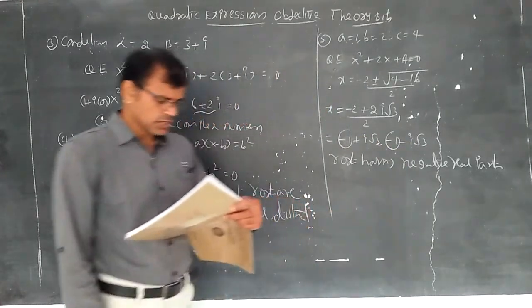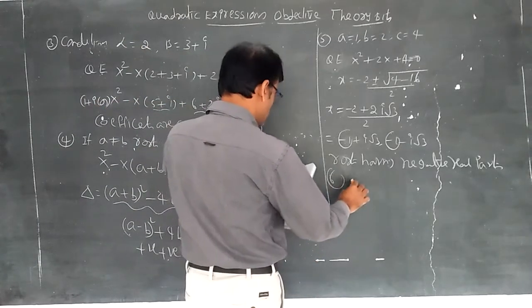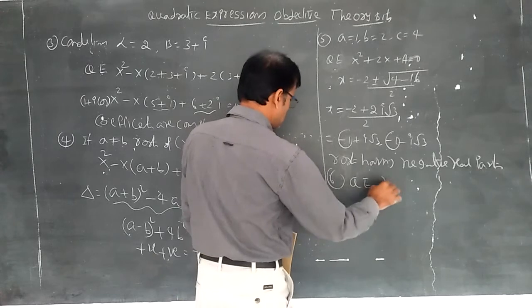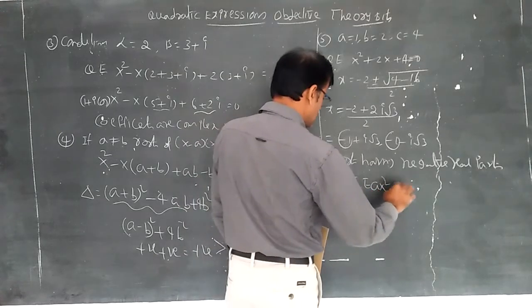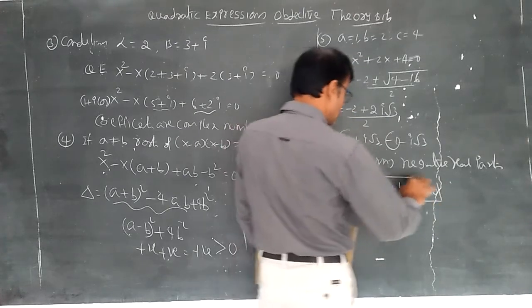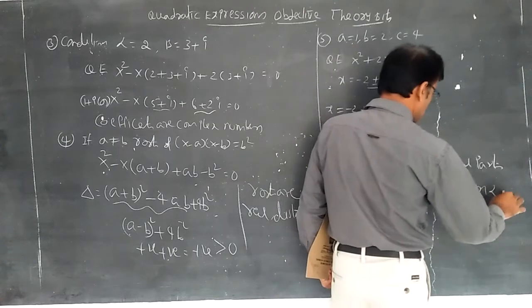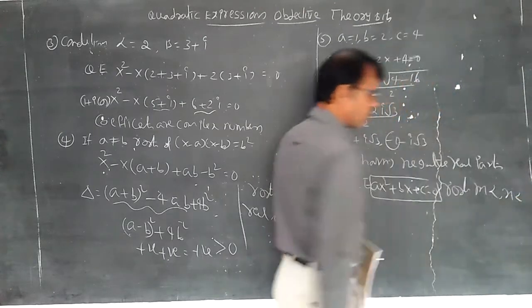Now, sixth question: if the ratio of the roots of the quadratic equation ax square plus bx plus c equal to 0 is m is to n, so the roots are m alpha, n alpha.